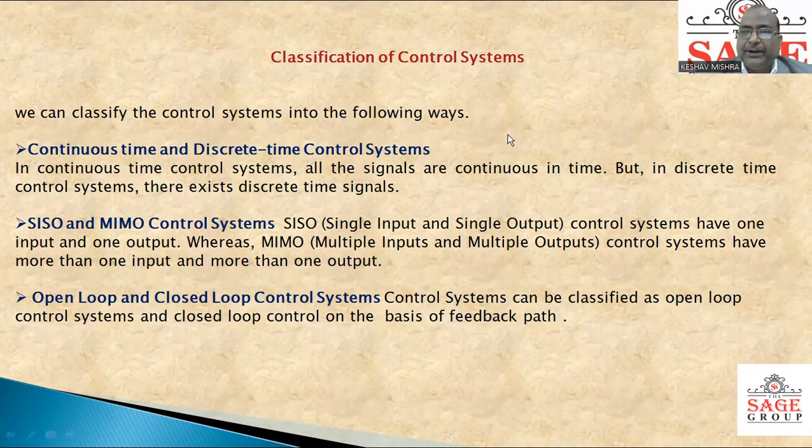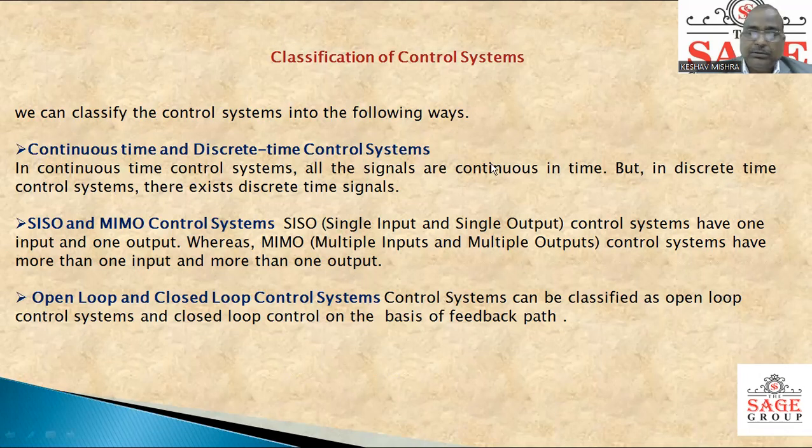Continuous time signals, say for example sinusoidal signals, are signals which can be defined for every instant of time. So a control system responding to continuous time signals is classified as a continuous time control system.